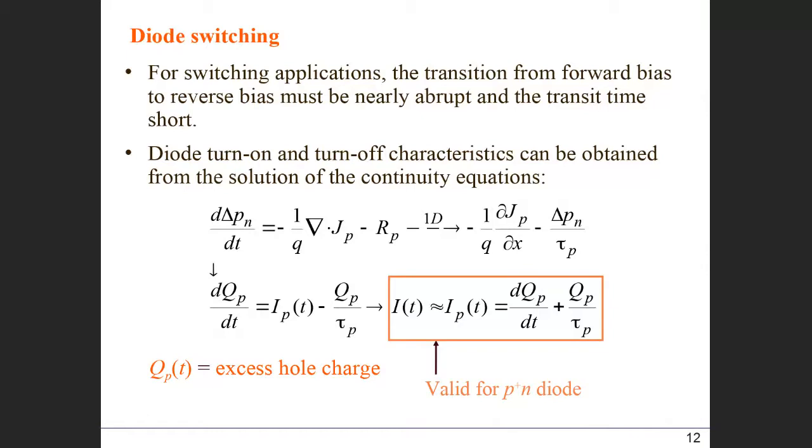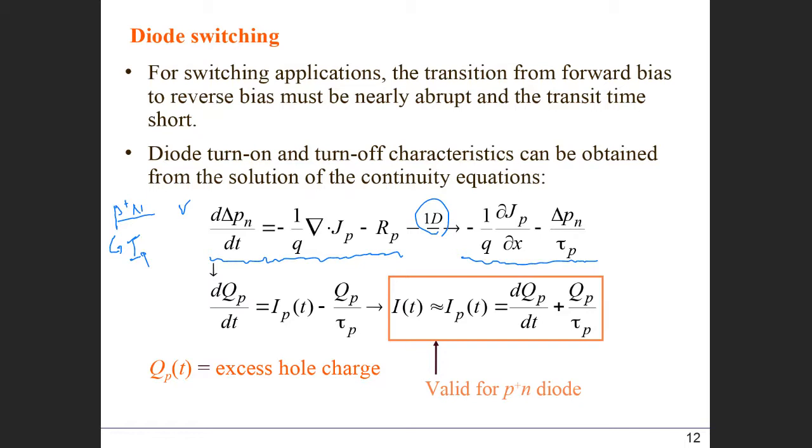So now when you look at that P plus N diode case, as I mentioned, the total current is approximated by the hole current. So the continuity equation for the hole is approximated by this equation. And if you look at just the 1D case, this equation is further simplified to this equation.